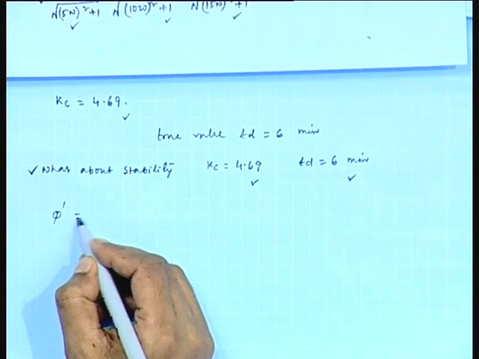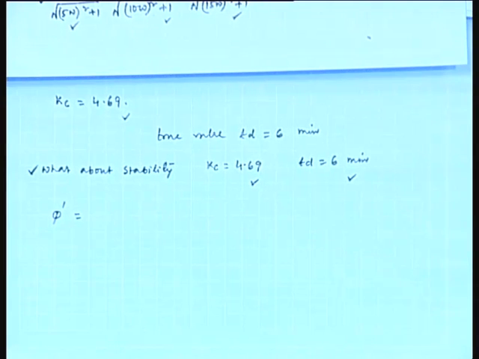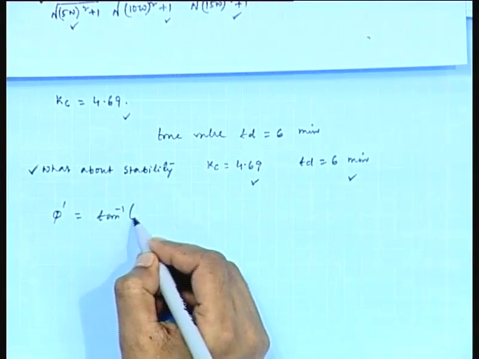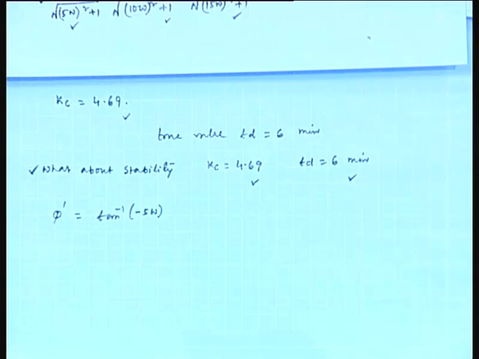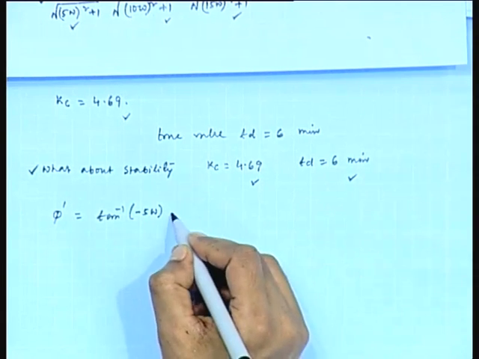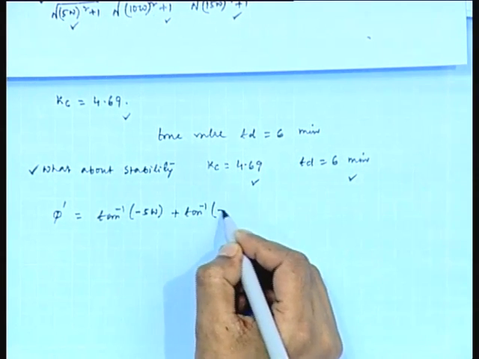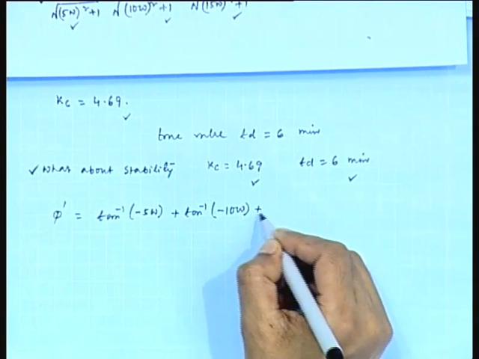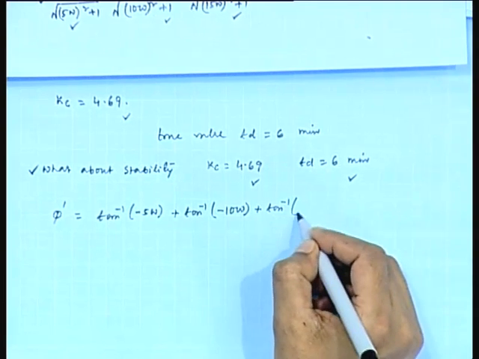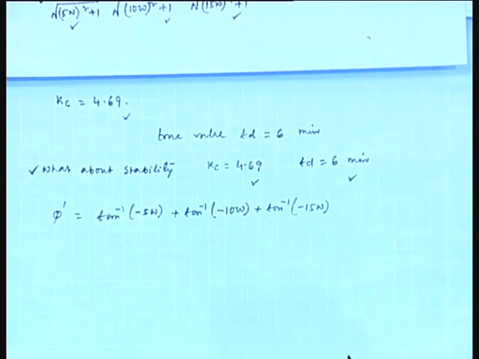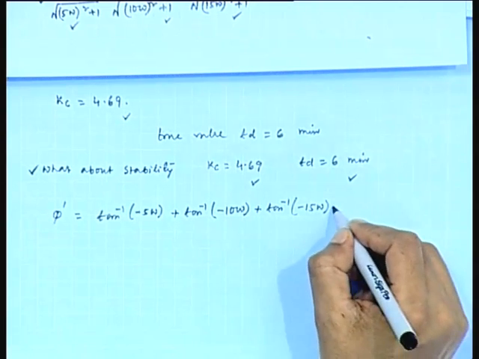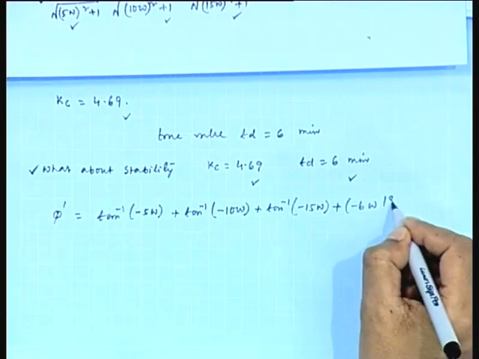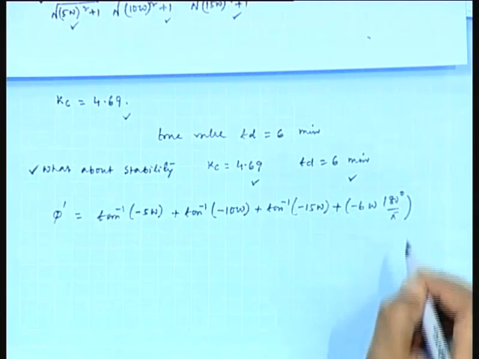First we need to calculate phi prime. The expression is tan inverse minus 5 omega, tan inverse minus 10 omega, then tan inverse minus 15 omega, dead time is minus 6, so minus 6 omega, times 180 degree divided by pi.